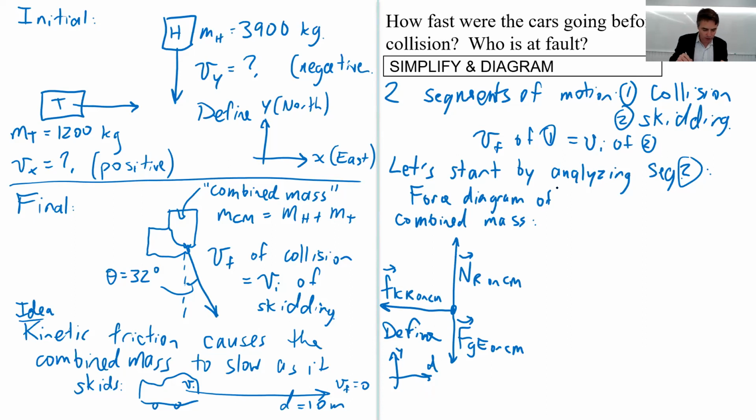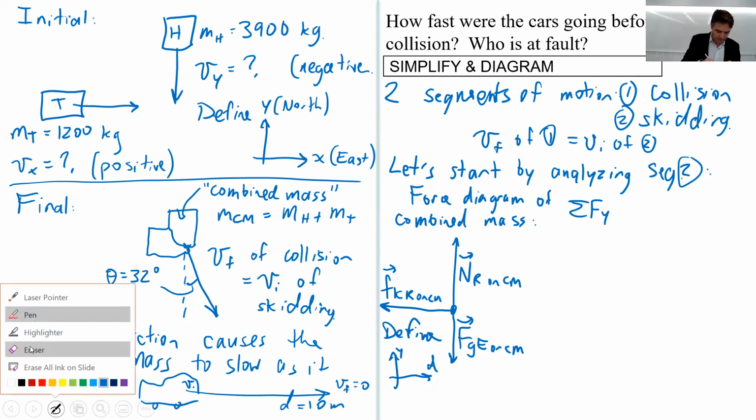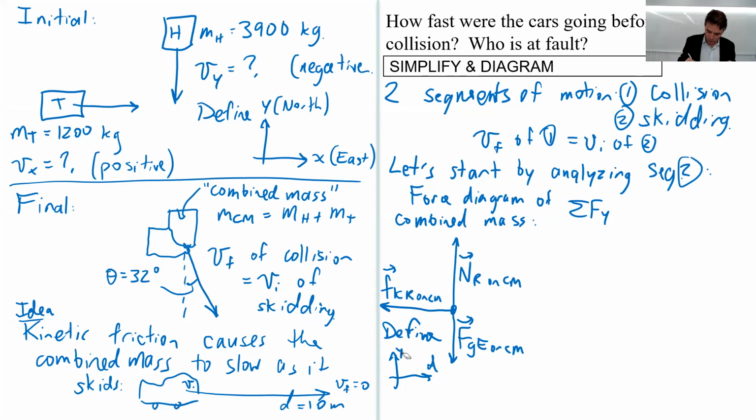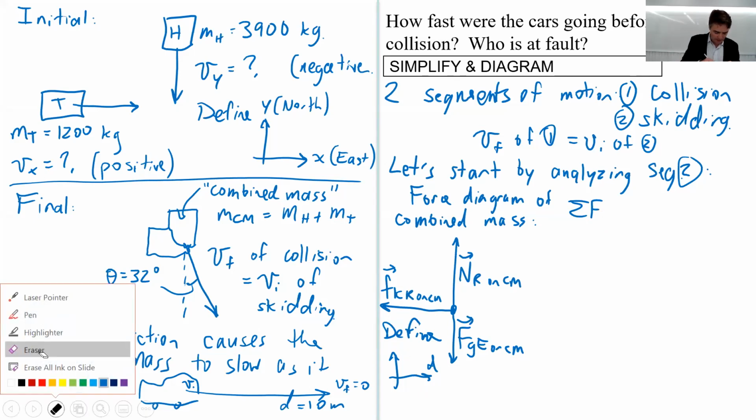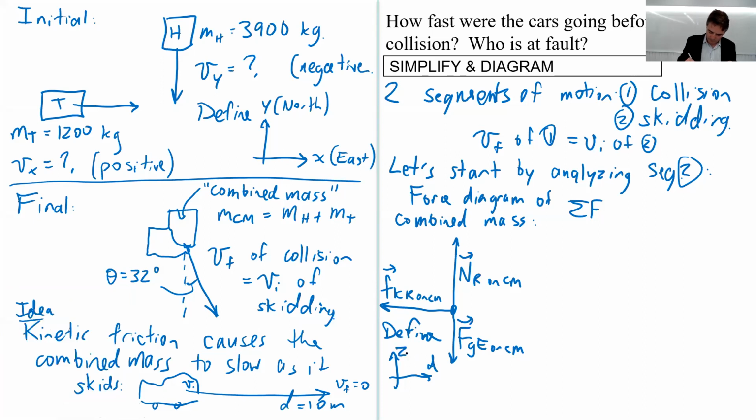But basically what you're saying is that the sum of the forces now, and maybe I should call it z actually, because it's getting confusing, right? Because we've also got y as being north. So let's call this z and d. The sum of the forces in the z direction, which is vertical, is going to be 0, because it's not accelerating up or down, which is the normal force minus m_cm times g.